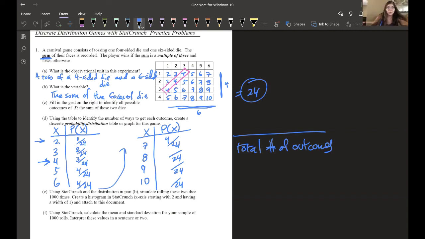Hold on, can I finish it really quick? Yeah. Let's say Destiny, what did you get for 9? I got 2 out of 24. Perfect, 2 out of 24. And for 10, we only have one single 10, so that's going to be 1 out of 24. And for 8, we count how many 8s we have. We have 3 of them there, so we have 3 out of 24.